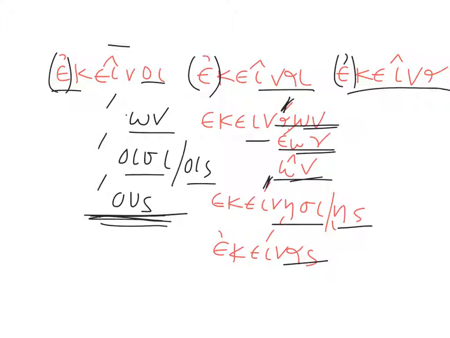The neuter does the exact same thing as the masculine, changes to an acute with on, does the exact same thing in the dative, oisi or ois. And in the accusative, it goes to the exact same form it has in the nominative.